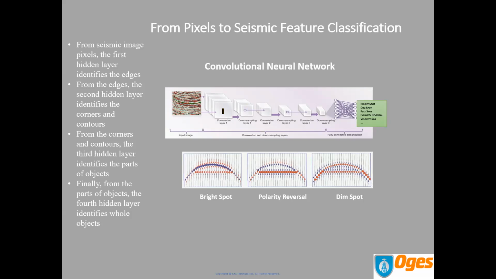So what we're doing is downsampling, and as you can see, we're trying to reduce the input dimensional space from left to right. And then we get multiple layers here, obviously, but from the corners and the contours, the third hidden layer may isolate certain objects, and those objects are going to be prescribed by the geophysicist.